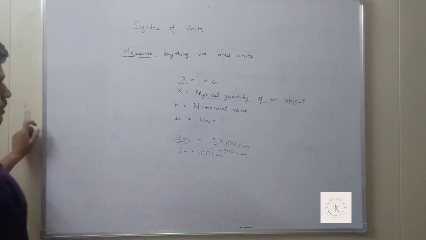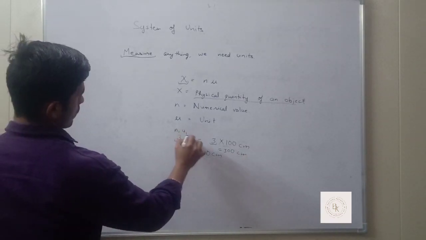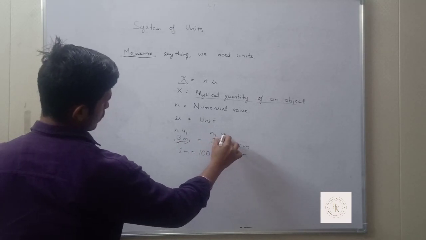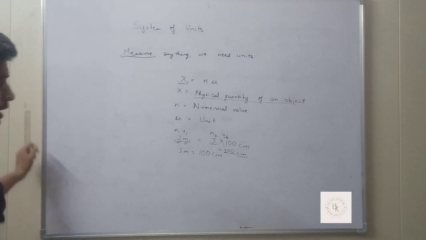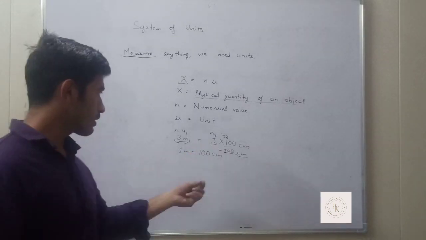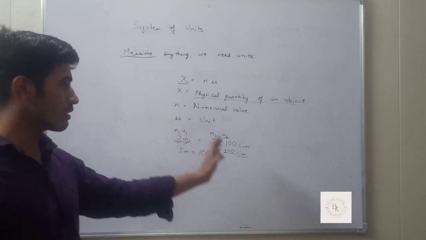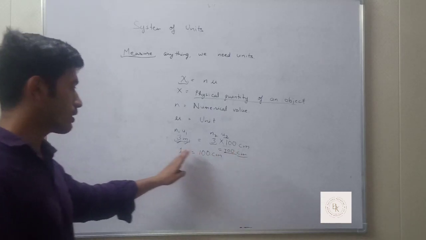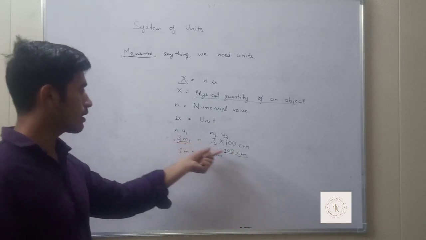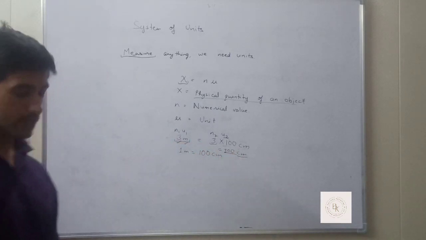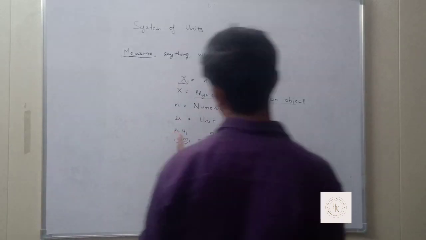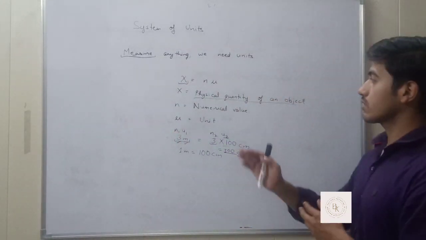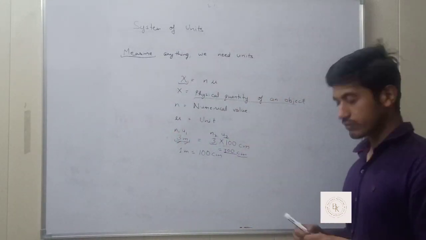See, this is the n1 u1 and this is the n2 u2. n2 is 300 and u2 is centimeter. The product of the same physical quantity in various units remains unchanged. So this 3 meter is equivalent to 300 centimeters. This is the basic example of how we measure things and how the physical quantity of any object is convertible into other units.